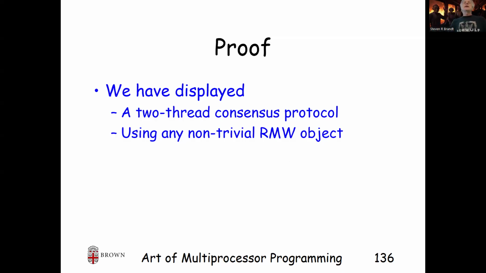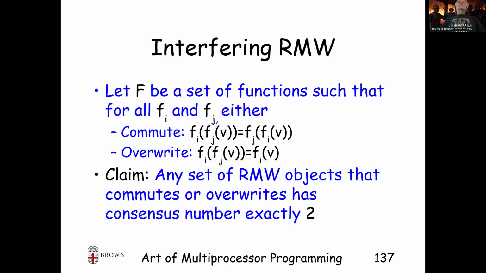So we have displayed a 2-thread consensus protocol using any non-trivial RMW object. And now we're going to look at interfering RMW. So let F be a set of functions such that all Fi and Fj either commute or overwrite each other. So what are instructions that commute?